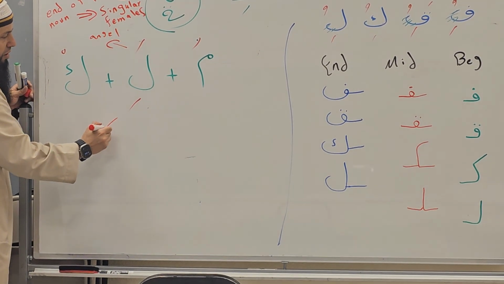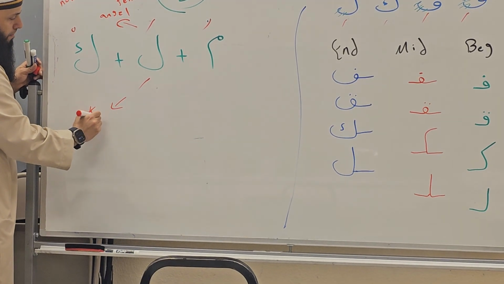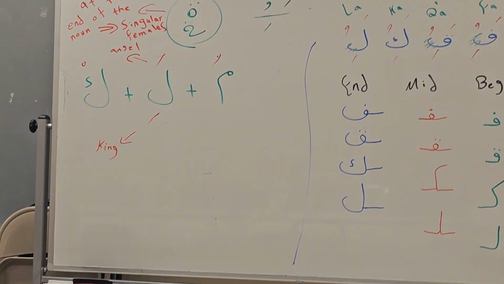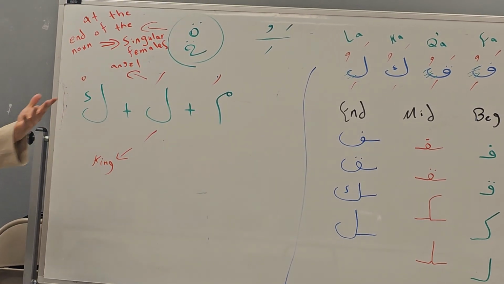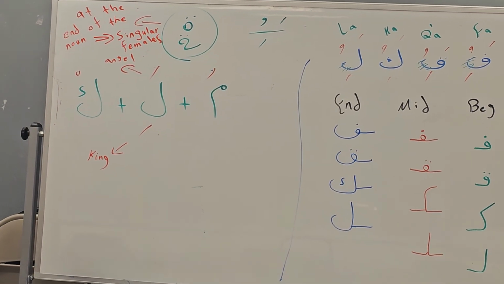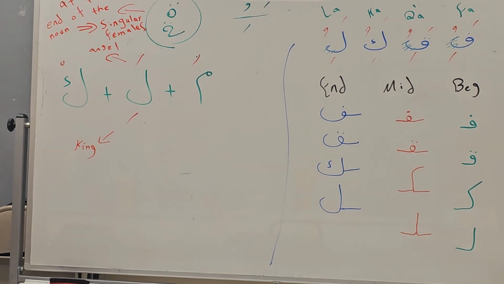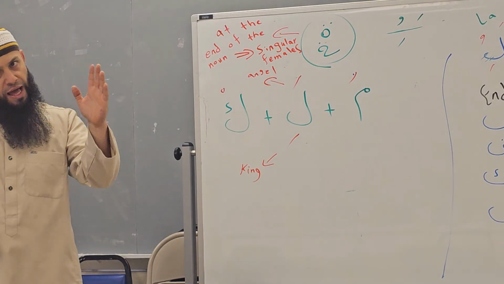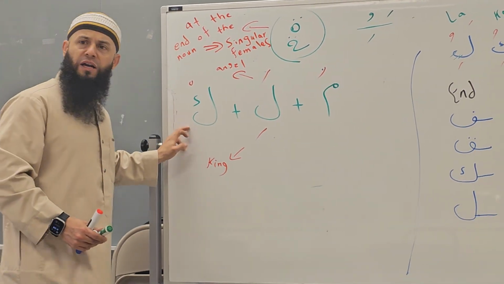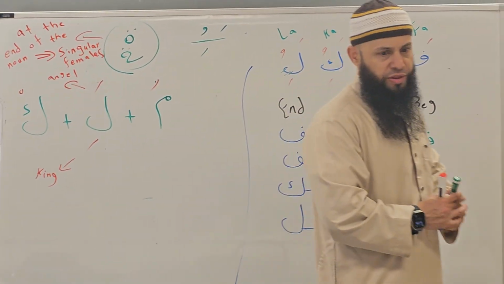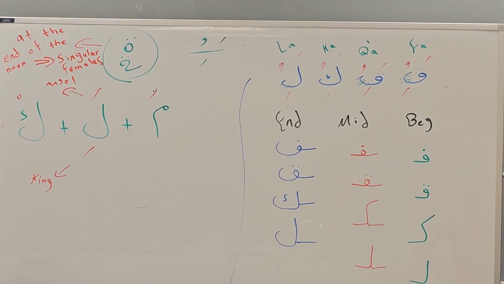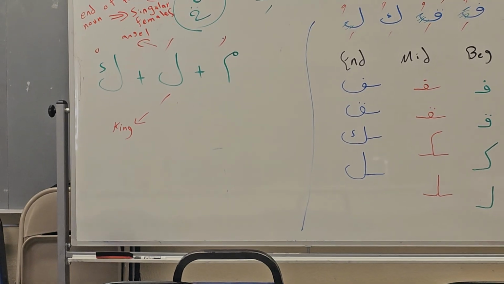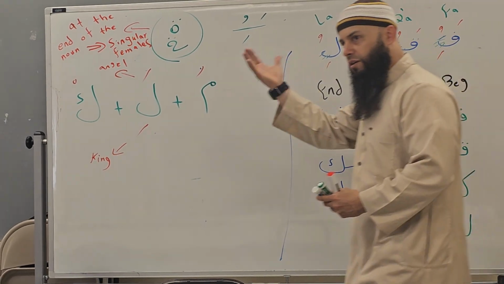When we have kasra, king. So either we say malak, if you want to say angel, and if you want to say king, you say malik. Ma, li. You see the kasra? It's li. It's not la, it's li. Malik. And the ka is always sukun at the end because it's the last letter of the word. So malik or malak. Either fatha or kasra.